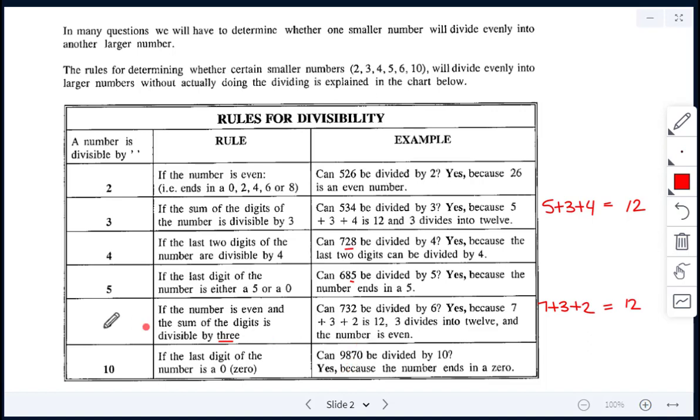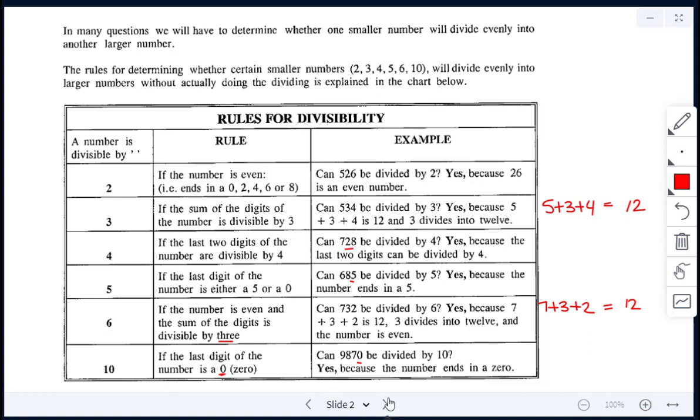If so, then it is also divisible by 6. And lastly is 10. You should already be familiar with this. If the last digit is a 0, then it is divisible by 10. So we have 9,870. Yes, it will be divisible by 10 because it ends with a 0.